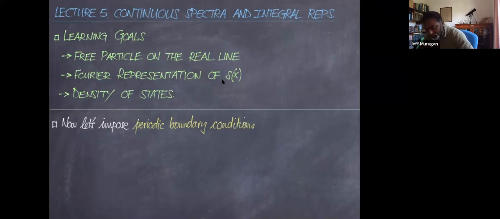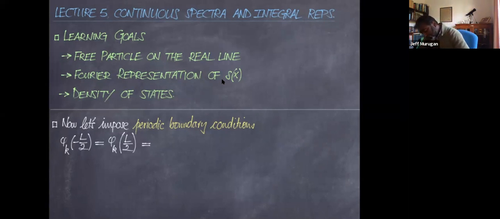And the periodic boundary conditions we want to impose are that phi, our particle wave function, labeled by this k eigenvalue at minus L over 2 is the same as phi k at plus L over 2. Okay?